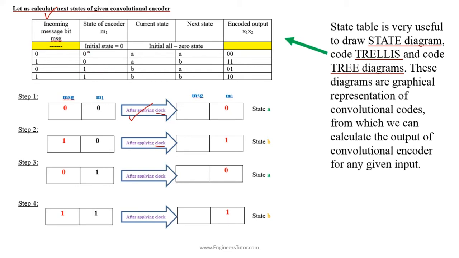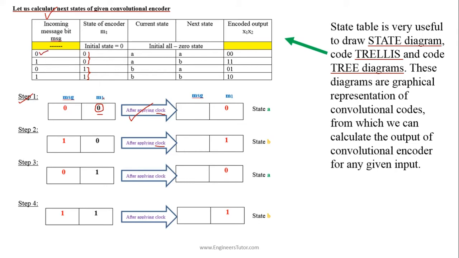Suppose the encoder may be at state 0 or state 1, depending on the incoming message bit. In step 1, let us assume the state of the encoder is 0, and the bit in red represents the incoming bit. The incoming bit is 0.